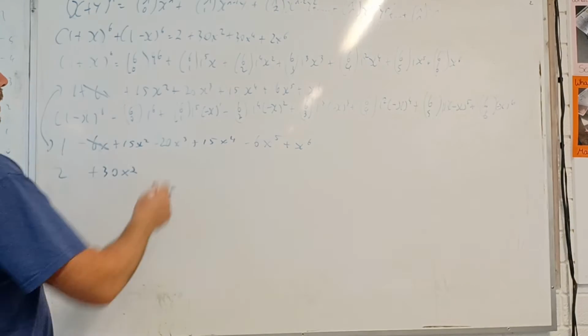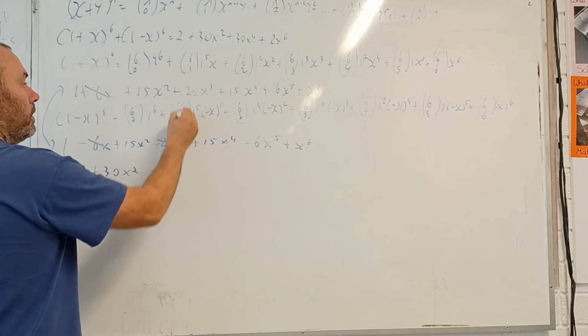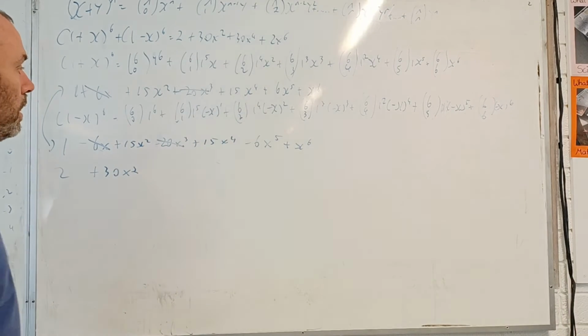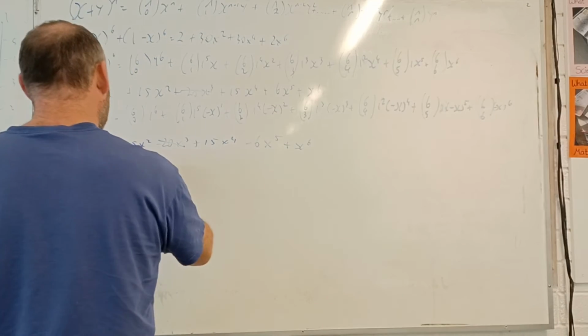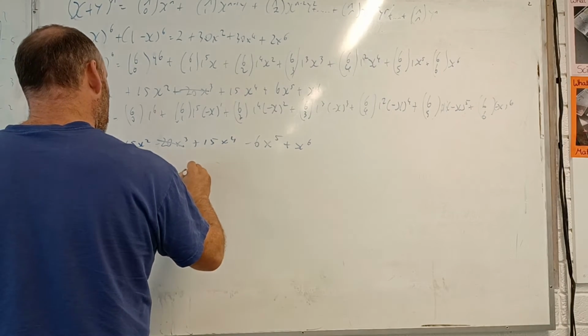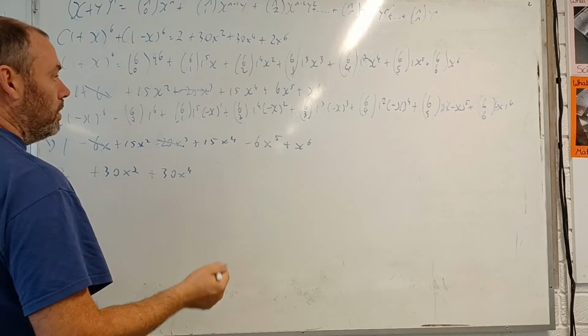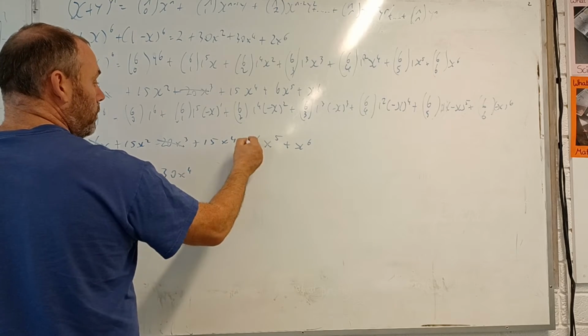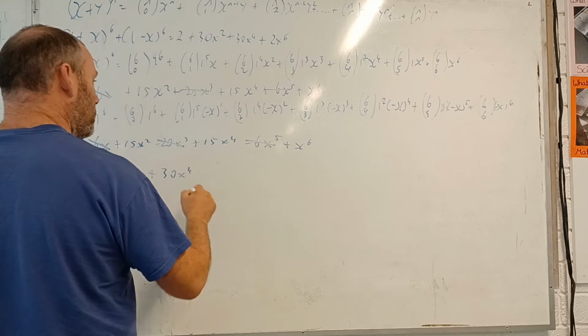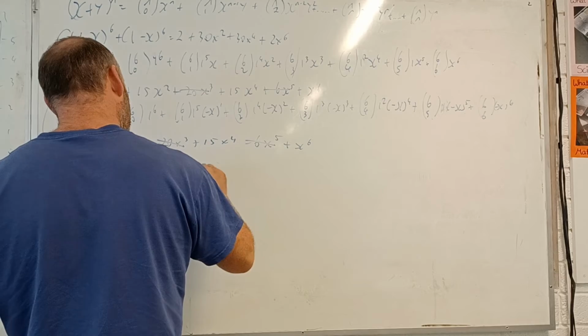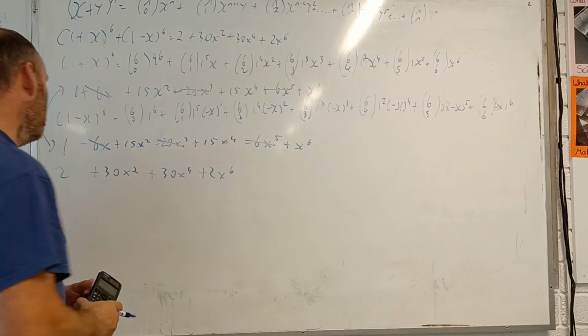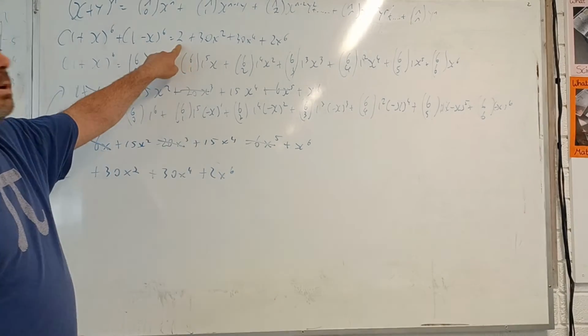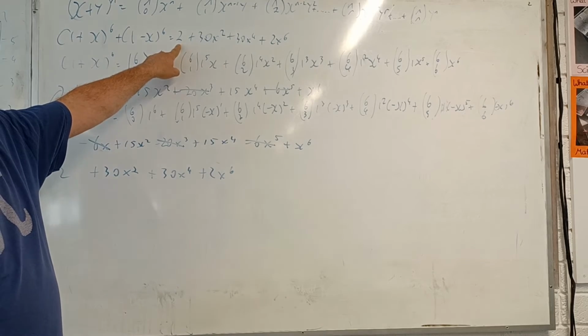All right? We have plus 20x cubed minus 20x cubed is gone. And then plus 15x to the power of 4 and another 15x to the power of 4 is 30x to the power of 4. These cancel because we have a plus and a minus. And then we have 2x to the power of 6, which as we can see is equal to what we were shown here at the start.